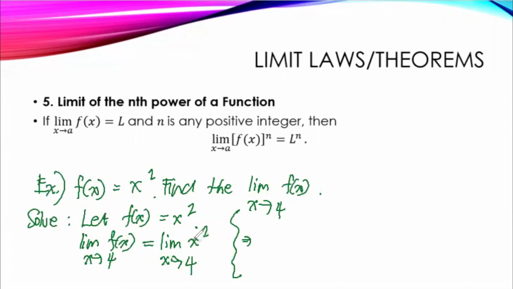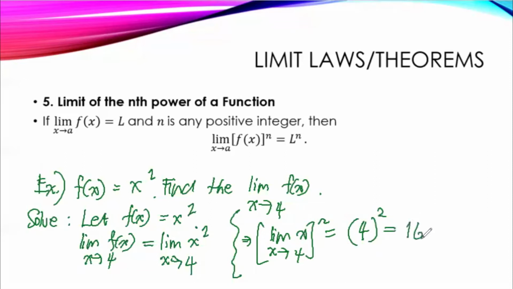We first get the limit of this identity function, so it's the limit of x as x approaches 4, then you square it. The limit of x as x approaches 4 is equal to 4, simply substituting 4 for the variable x. Since this is an identity function, you square it because of the exponent 2. So you have 4 squared, which is equal to 16. In other words, the limit of the function x squared as x approaches 4 is equal to 16.